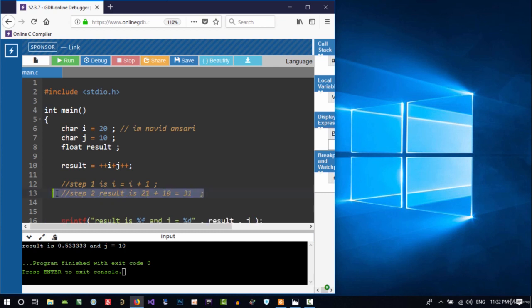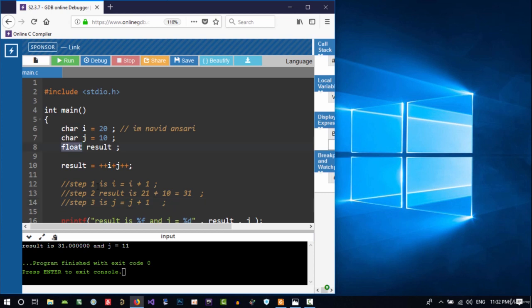And the next execution of code is this: J equal J plus 1. So if we run it, you see what is happening.